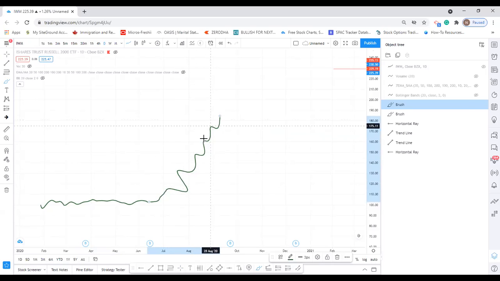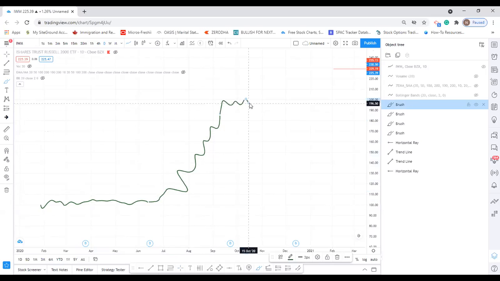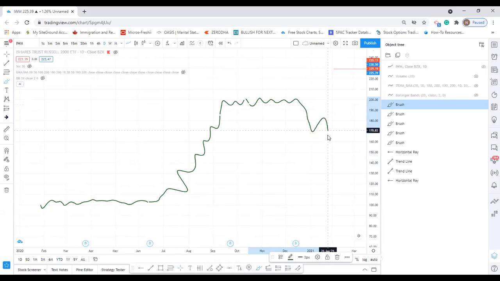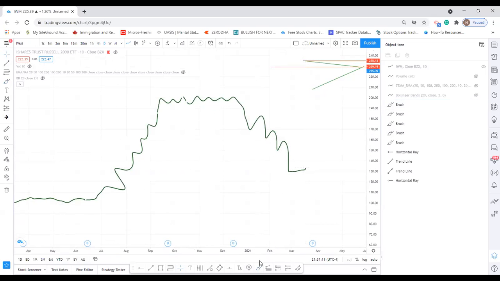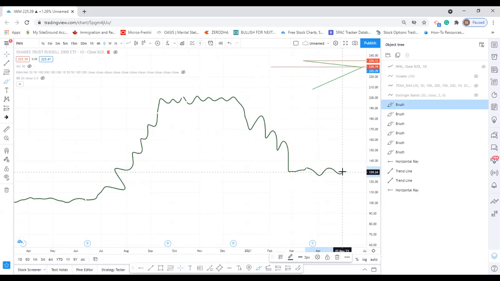This is the trending stage, where retailers are attracted towards the particular stock, and once it reaches a certain point, it's gonna stop and consolidate for a month or two, or sometimes a week or two. Then the price is gonna go down, making lower highs and lower lows, and then it will again make a consolidation phase.